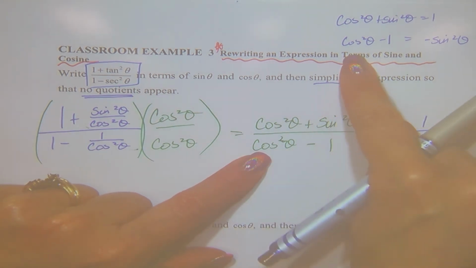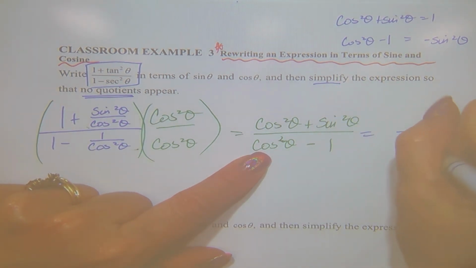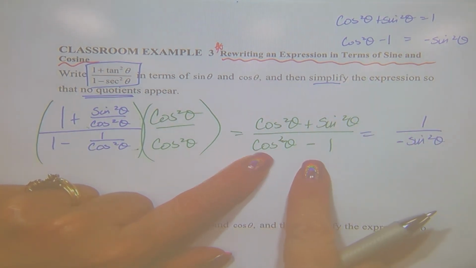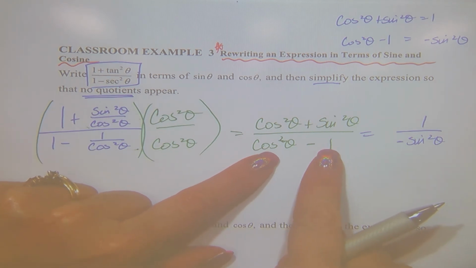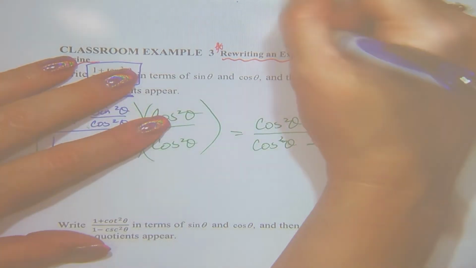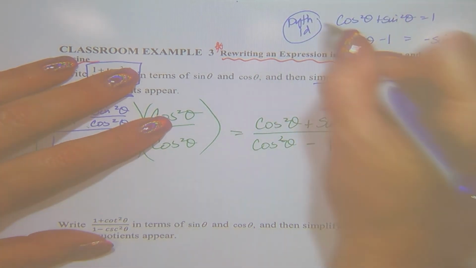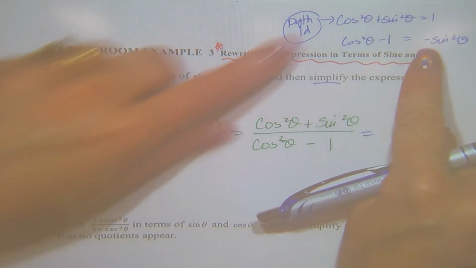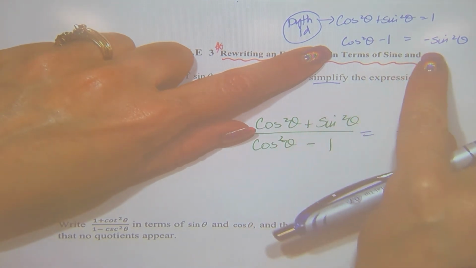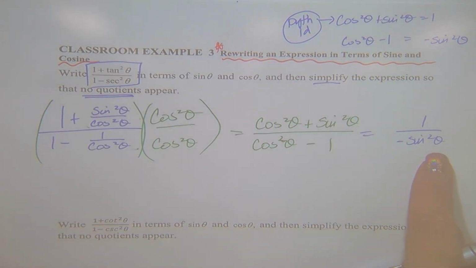So cosine square theta minus 1 is equal to negative sine square theta. You see how I took those two elements and I tied it to my Pythagorean identity. I tied it to that, and then I adjusted that identity to see what this would be equal to and made that substitution.